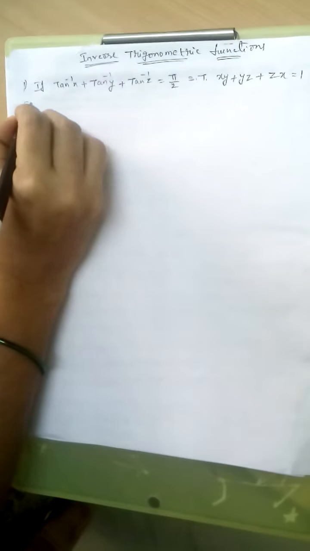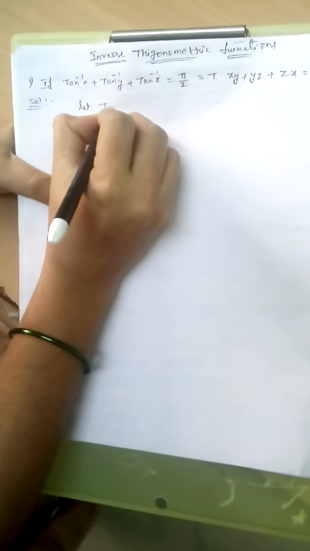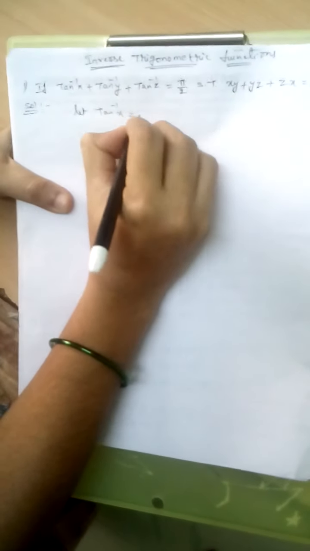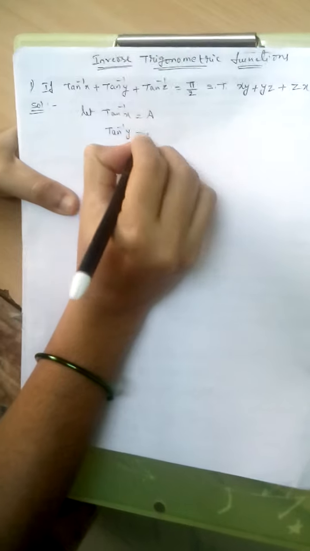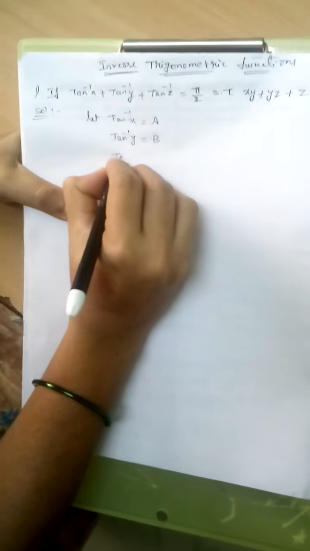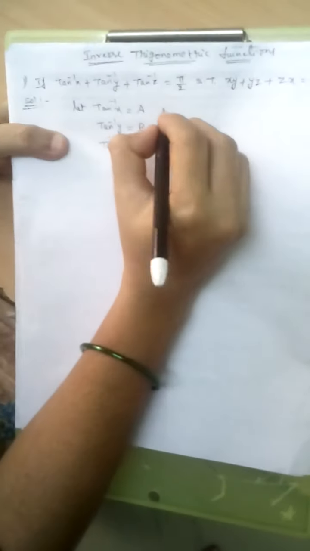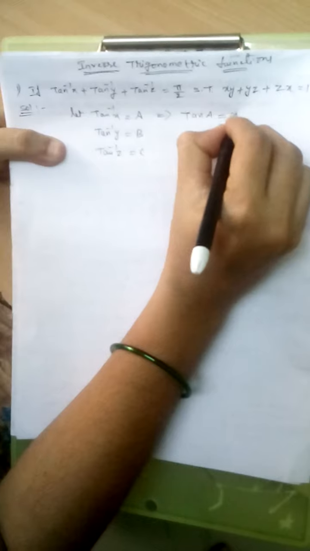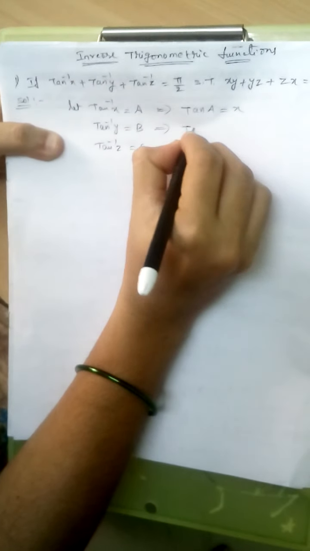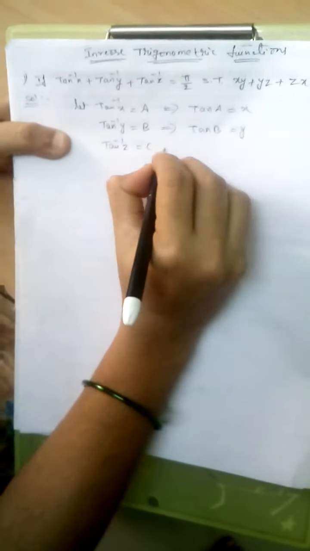Now the solution. Let tan inverse x be equal to A, tan inverse y equal to B, and tan inverse z equal to C. Then tan A is equal to x, tan B is equal to y, and tan C is equal to z.